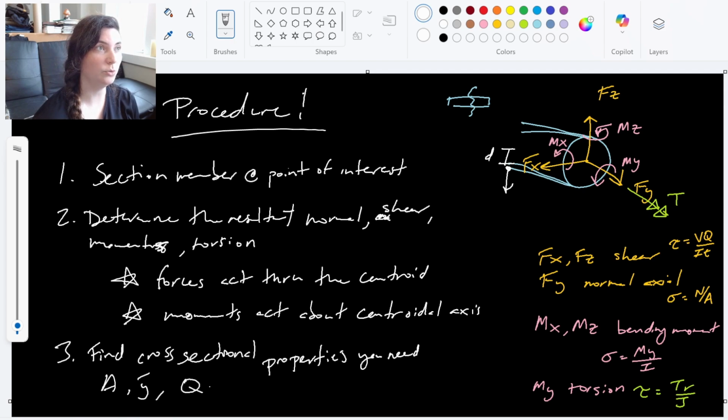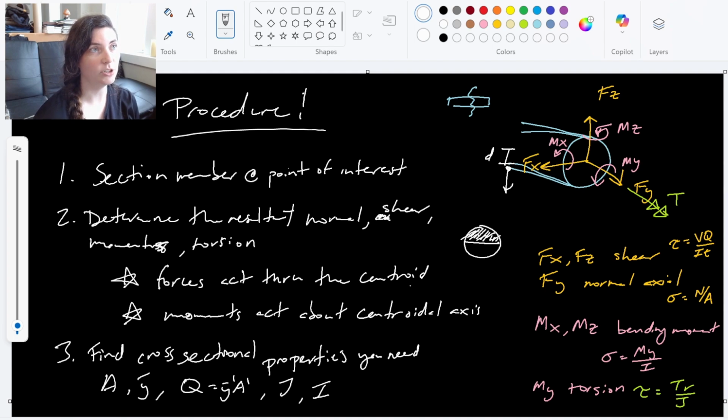Maybe you need Q, which again, Q is y prime a prime, that cross-sectional area for this one. Area above the point of interest. Polar moment of inertia, regular moment of inertia, any of these properties that you need to apply these different equations.